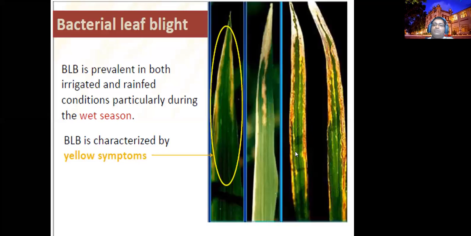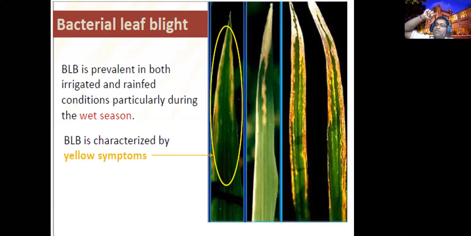First symptom. The problem is that bacterial leaf streak sometimes gets masked if other insect incidence is there. For example, the leaf folder, Nephlochlosis medinalis, scrubs and eats the leaves.